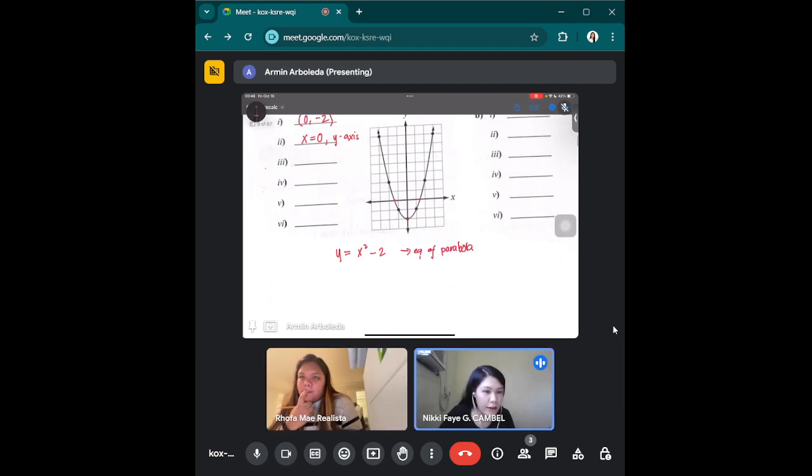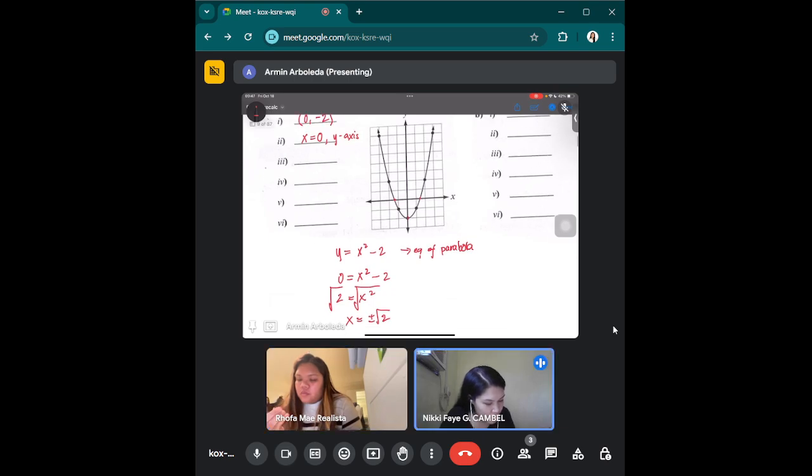So how do we get the x-intercepts again? We equate the y to 0 first. Okay? Then we square, and then you have what? 2x squared. So your x-intercepts would be positive and negative square root of 2.